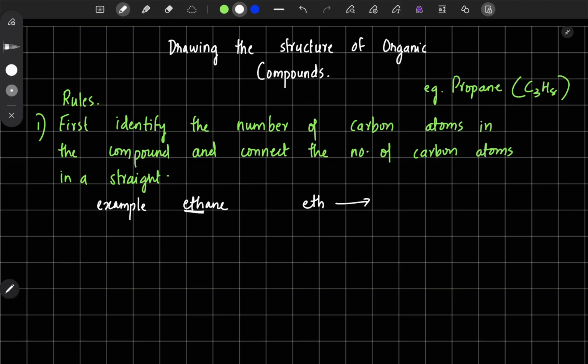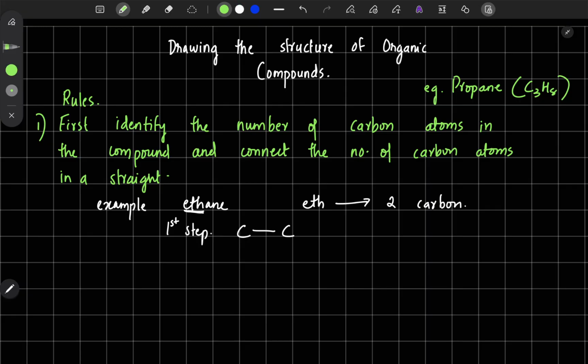If you don't know, you can see the nomenclature of organic compounds. I have done one video, or you can read your textbook or any other video. There is a root word for the number of carbon atoms in a particular compound. So eth means there are 2 carbon atoms in that compound. So you draw 2 carbons and attach them with a single bond. That is the first step.